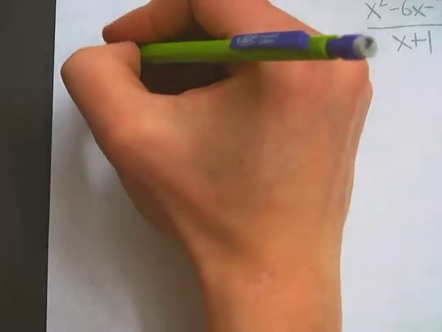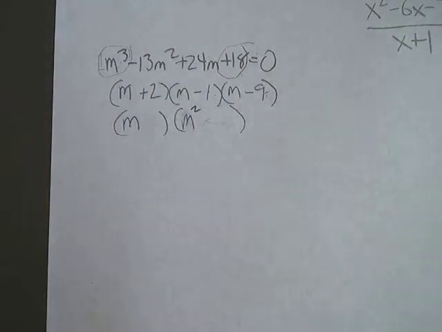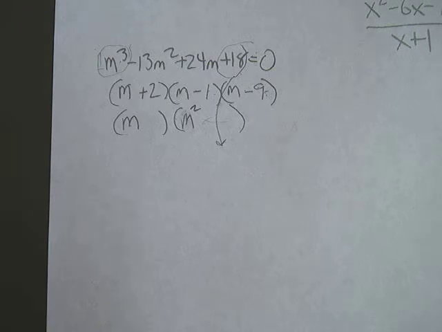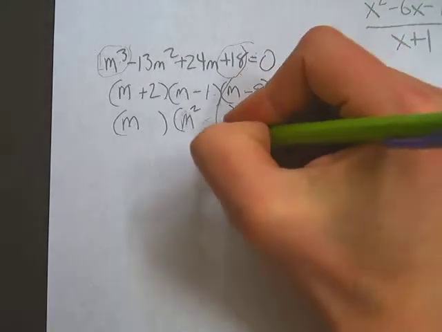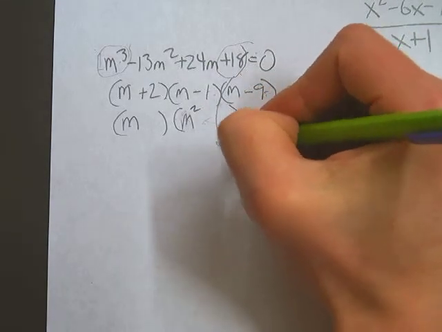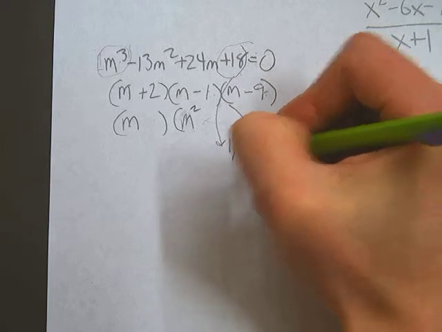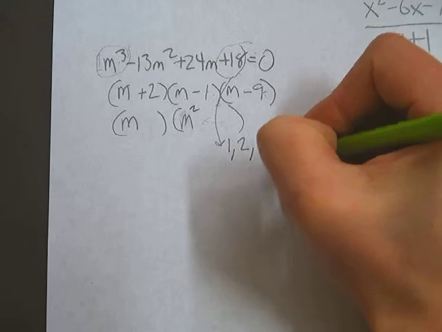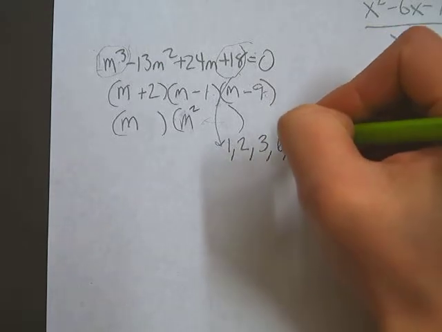If you have a constant coefficient out in front here, the easiest way to start picking your terms is to ask, what are all the factors of positive 18? So it's 1, 2, 3, 4 doesn't go in, 5, 6, 9, and 18.